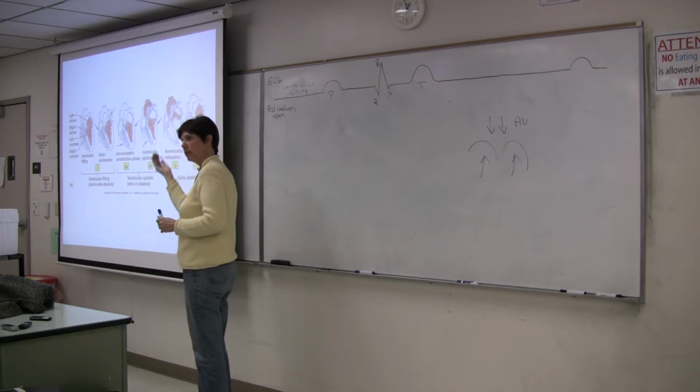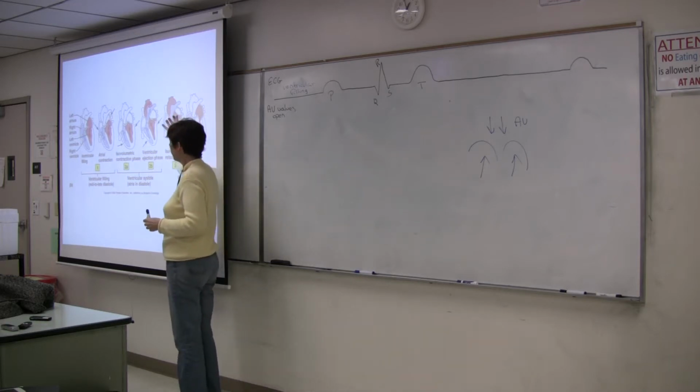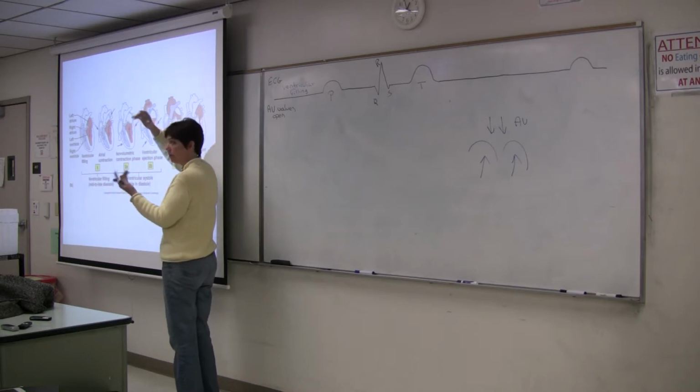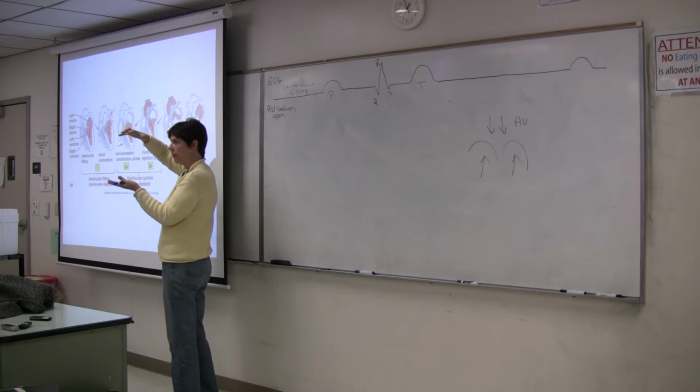Then the ventricles repolarize and they relax. And as they're relaxing, pressure in the ventricles is dropping. Is it going to drop below aortic pressure first, or is it going to drop below atrial pressure first? Aortic. So as it drops below aortic pressure, now in the situation we were talking about earlier, aortic pressure is higher than ventricular pressure.